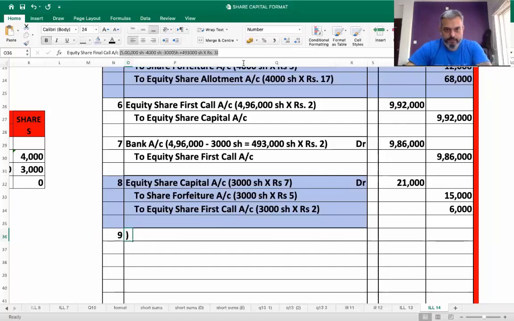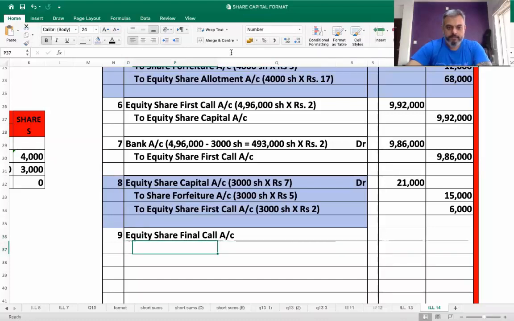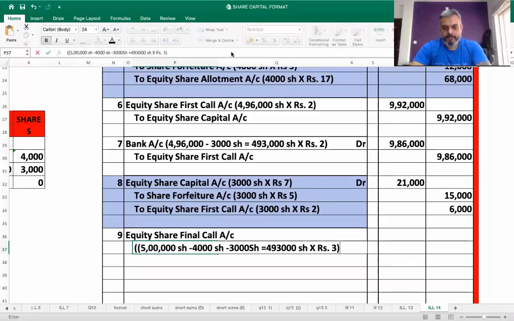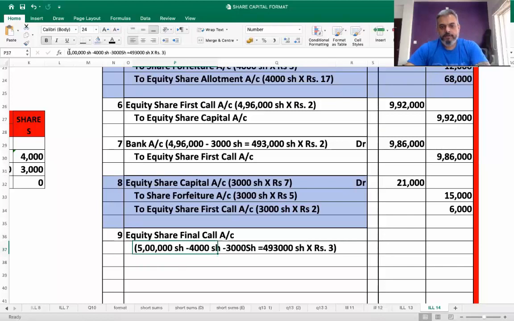I'll just do the working in the next line. So 5 lakh shares minus 4,000 shares minus 3,000 shares, which is equal to 4,93,000 shares into rupees 3.